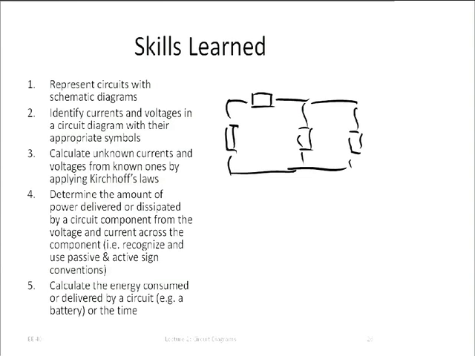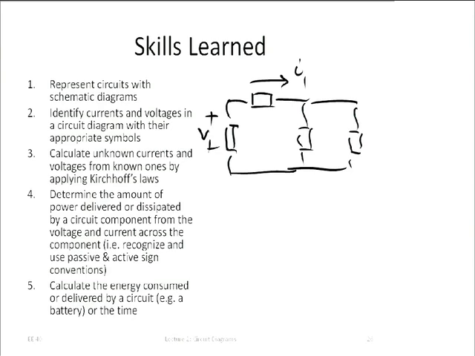How many branches? 4. All right, so first bullet point already done with. Identify currents and voltages. This here, would this be a current? It would be a voltage, right? Here, for example, we could have a current I1, okay? And you know these symbols? Probably you do, I hope.